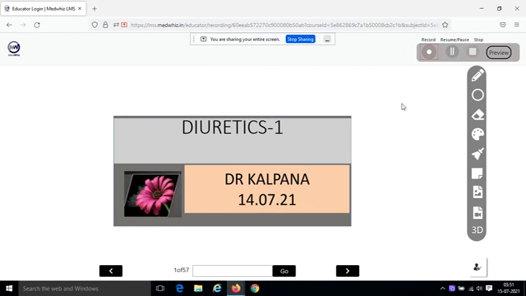Although various agents that increase urine flow have been described since antiquity, it was not until 1957 with the synthesis of chlorothiazide that a practical and powerful diuretic agent became available for widespread use.